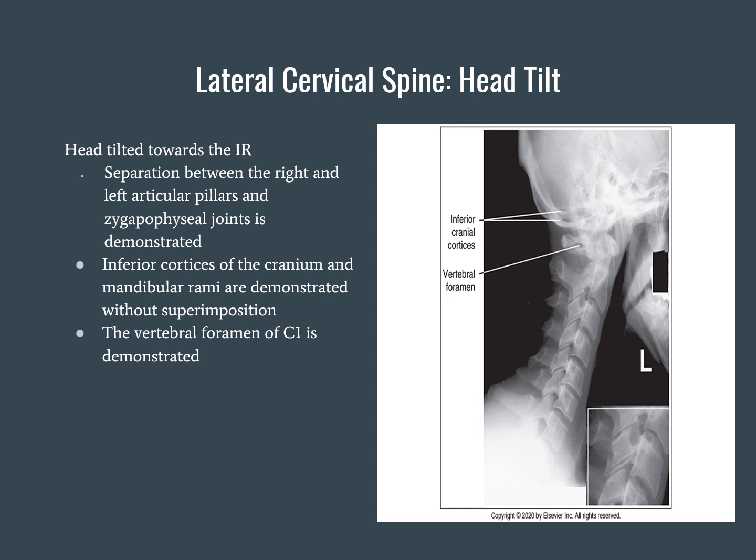In head tilt towards the IR, the vertebral foramen of C1 is actually demonstrated in profile. So again, we want to make sure that IPL line is perpendicular to the IR, and your acanthomeatal line is parallel with the floor in order to obtain the appropriate projection.